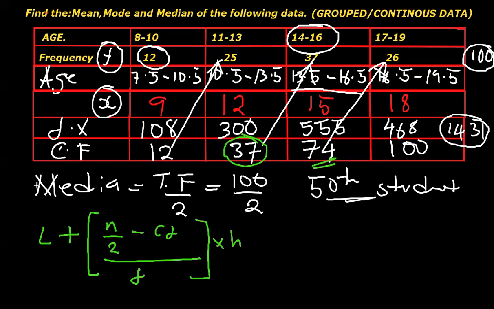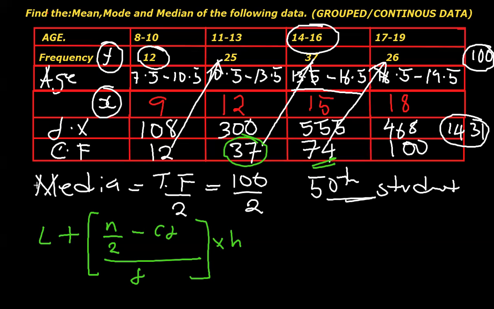Now let's start. So we already have our median group, the group of 14 to 16. Hope you can see that it's 14 to 16. The lower boundary of the median group, we're going to use our 13.5.